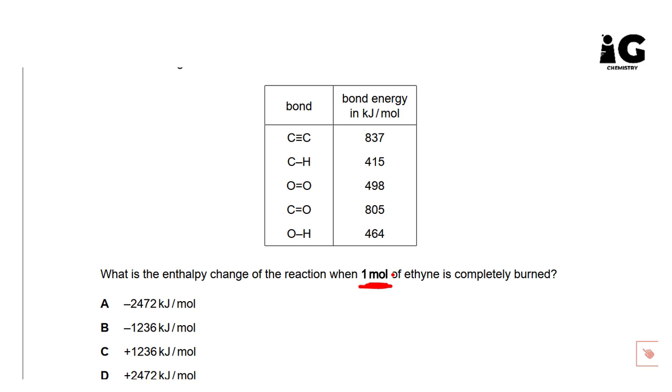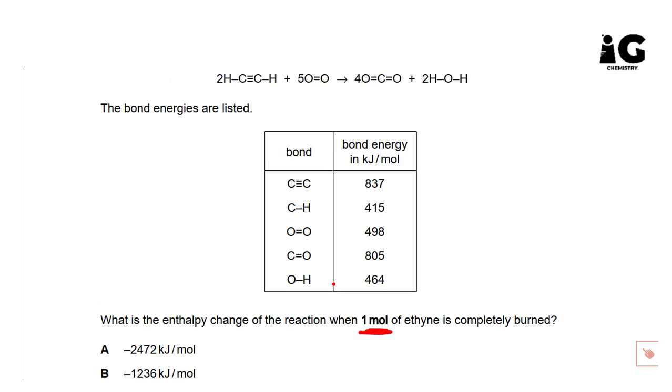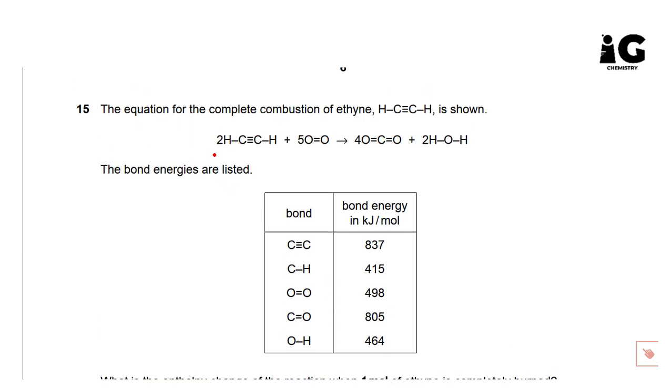I think this is a challenge or a kind of tricky question, because here, see guys, for ethane we have 2 moles. So we need to make our calculation regularly as normal, and then once we finish, remember we need to divide by 2, because the question asked about 1 mole, and this is really important.